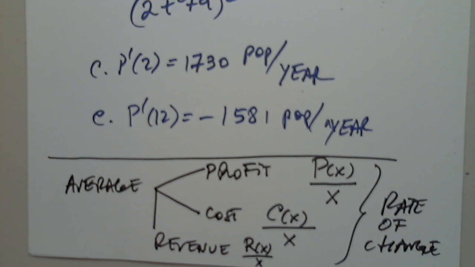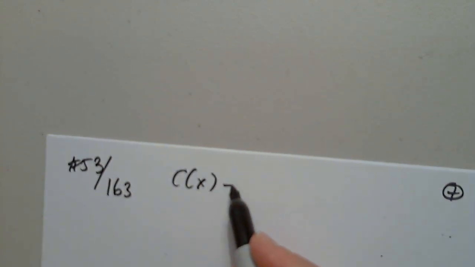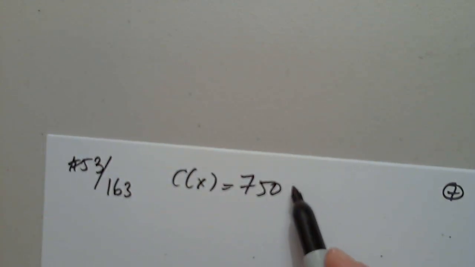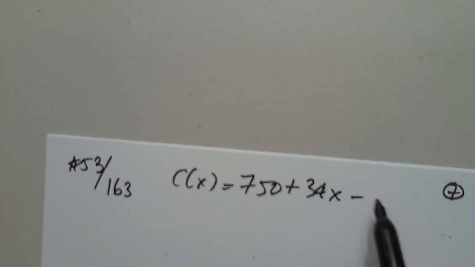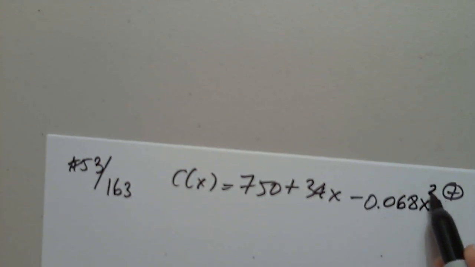Okay, so if we look at 53, the average cost, and that's my page 7. In 53, on page 163, we are given the cost function, which is 750 plus 34x minus 0.068x squared.